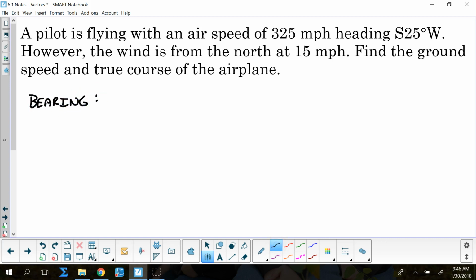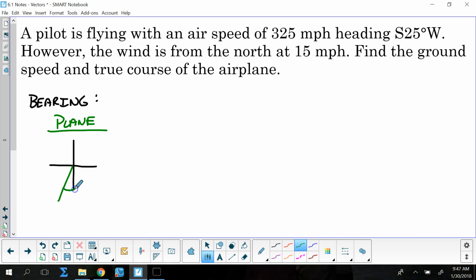So we've got the pilot is flying with that. So the plane is flying at south 25 degrees west.